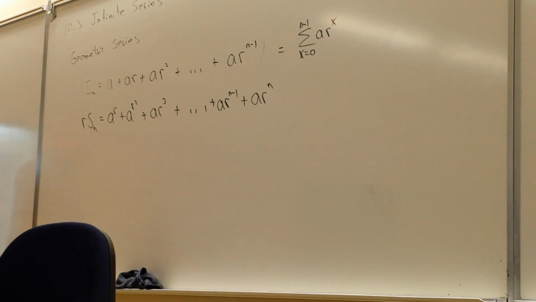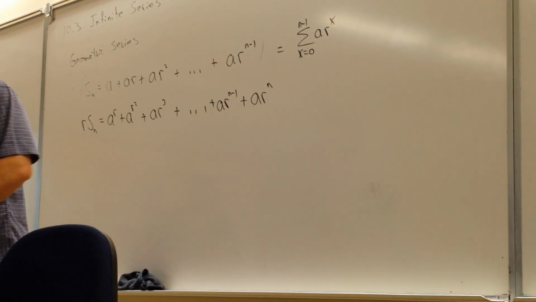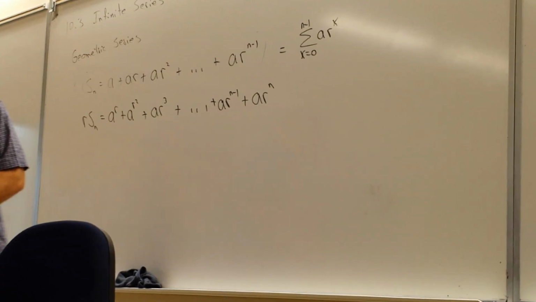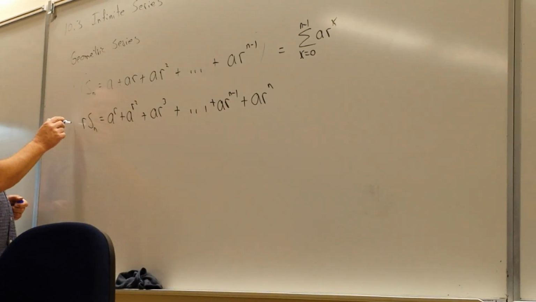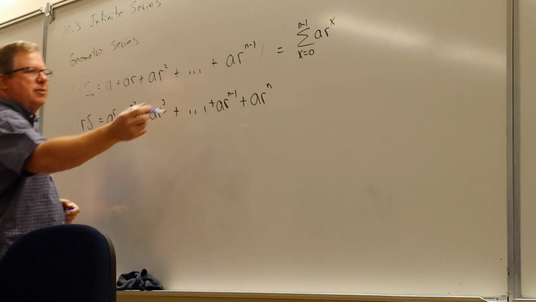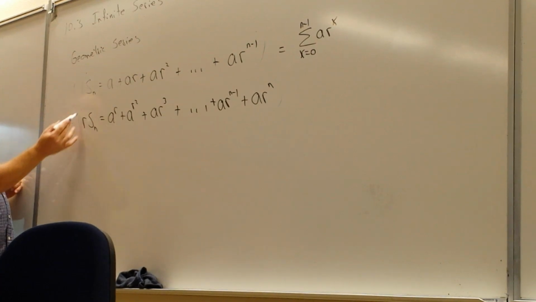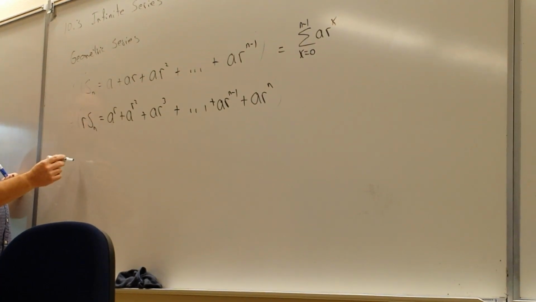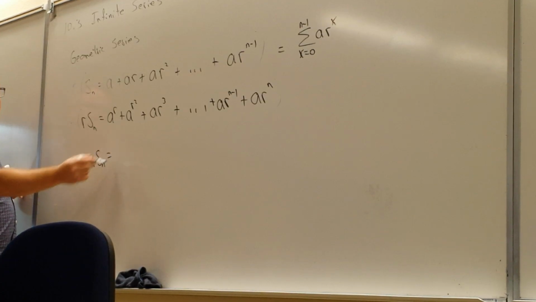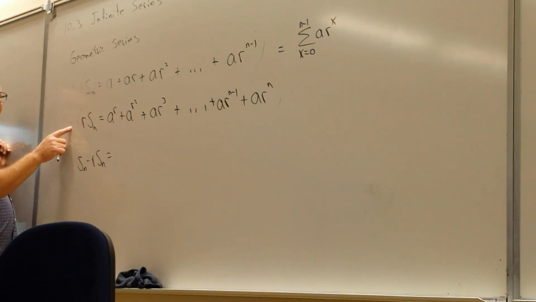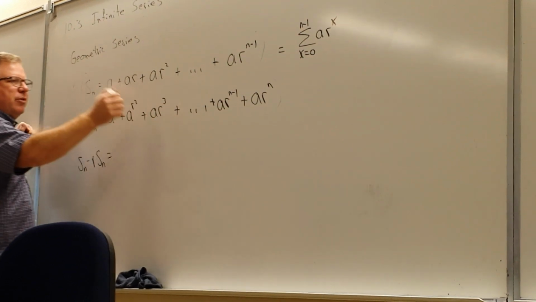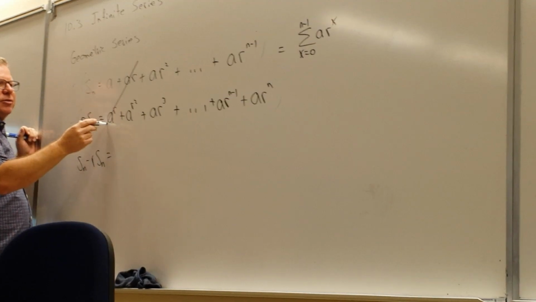Now, let's subtract all of this. So we're going to get s sub n minus r s sub n. And look what's going to happen. Remember, we're subtracting, so all of these become negative. These are going to cancel out.